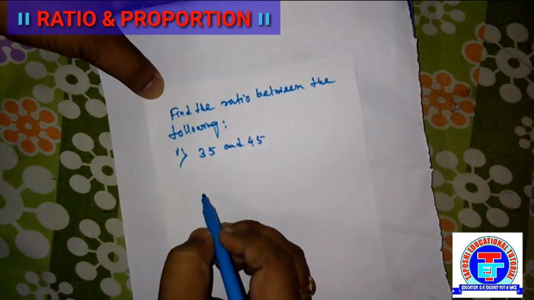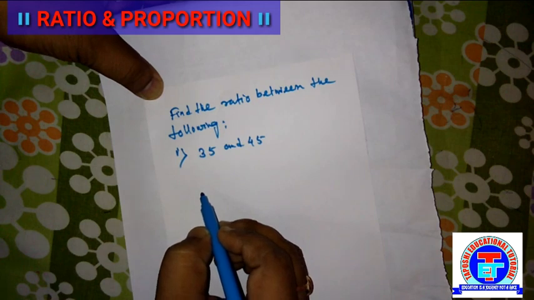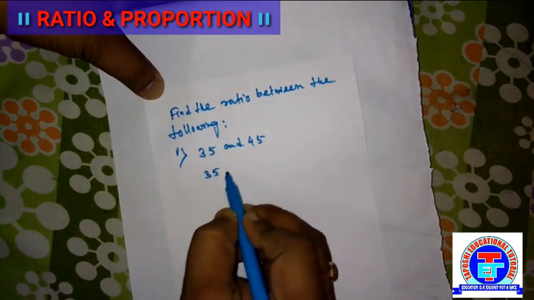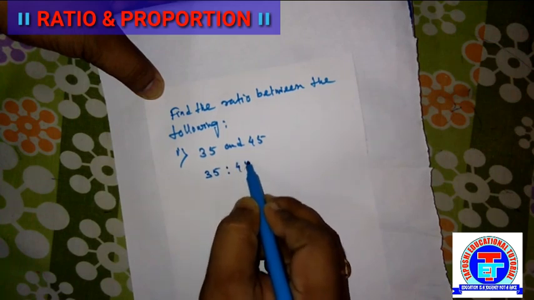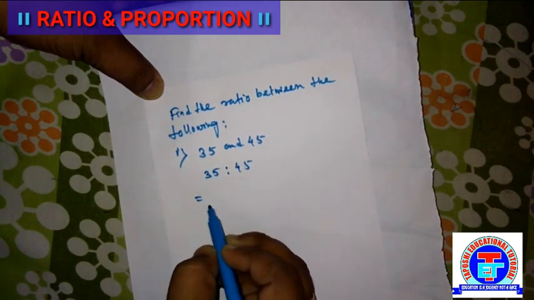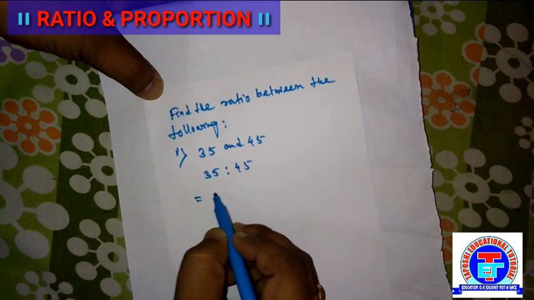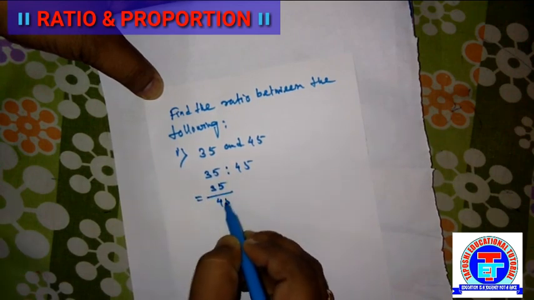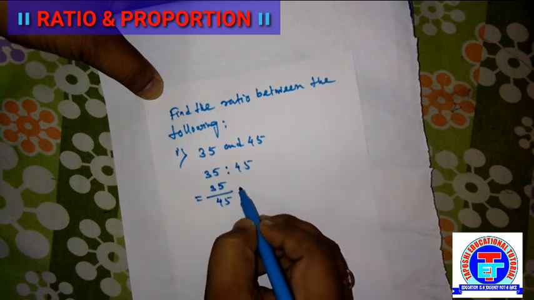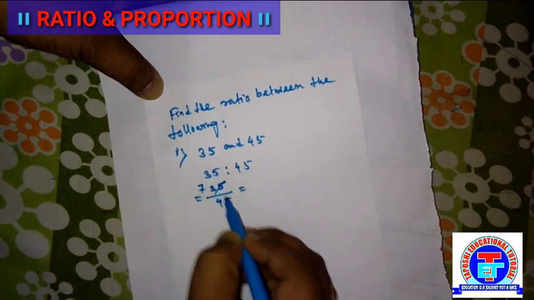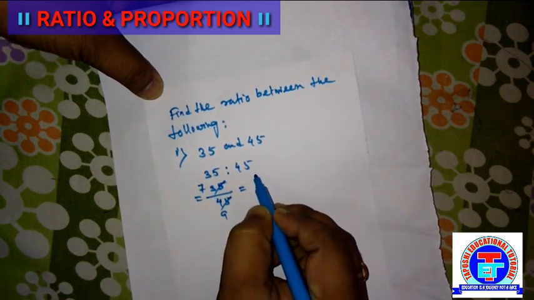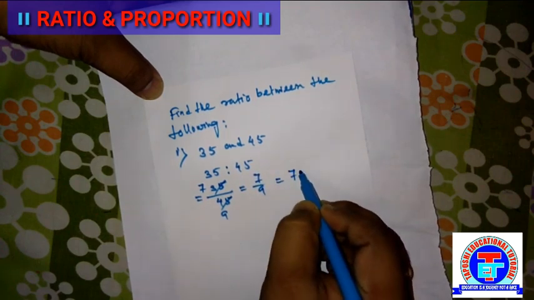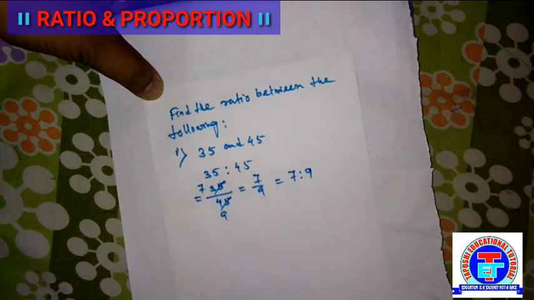First of all, the ratio between 35 and 45, we write 35 is to 45. Now we make it in simplest form. 35 divided by 45: 5 sevens are 35, 5 nines are 45. So we write 7 by 9, or we can write 7 is to 9.